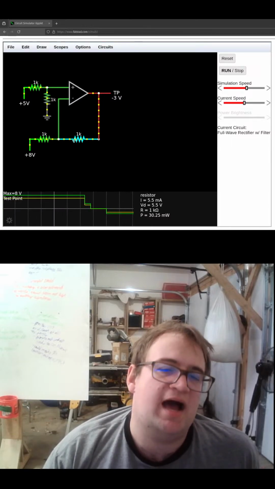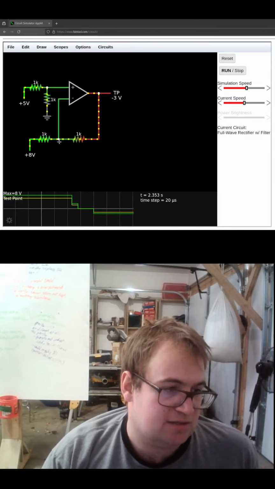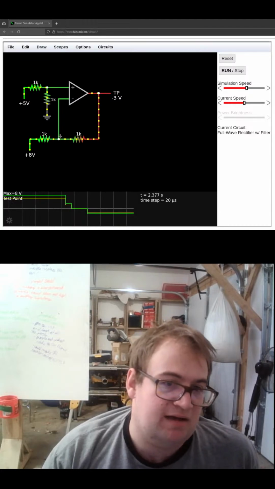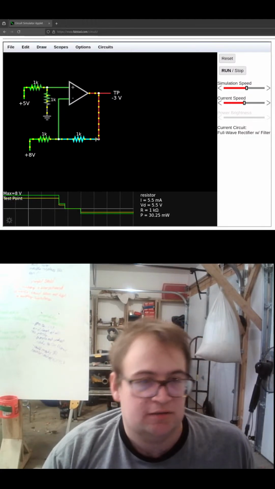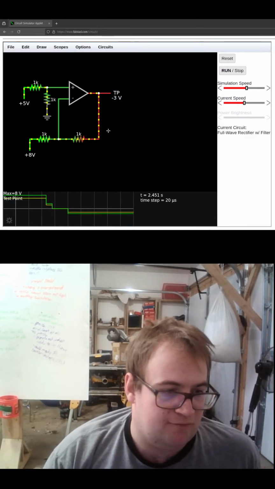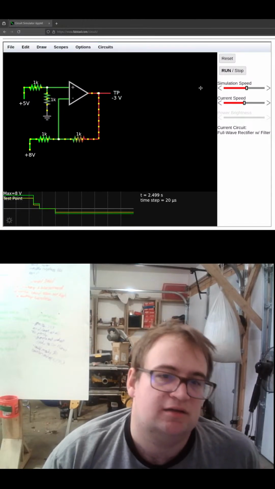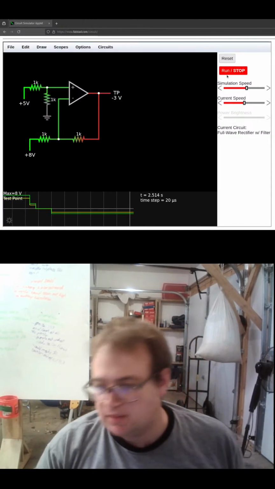Oh, yeah. No, I forgot there's 2.5 volts here. So that means 2.5 volts, and we just need to make up the difference. So 5.5 or minus 3 volts. Yeah, no, that makes sense.